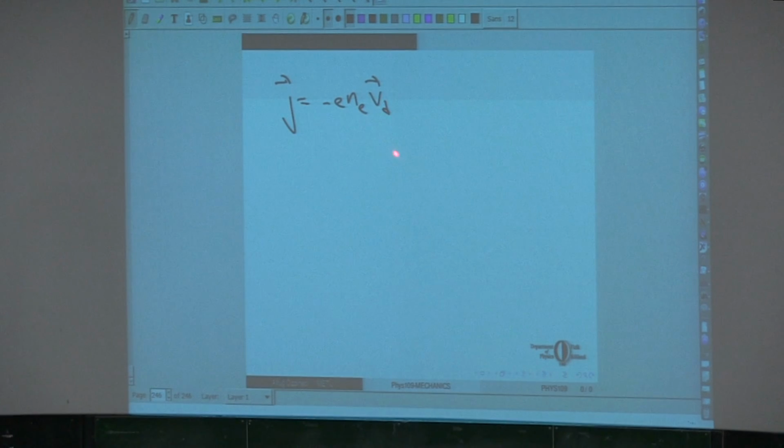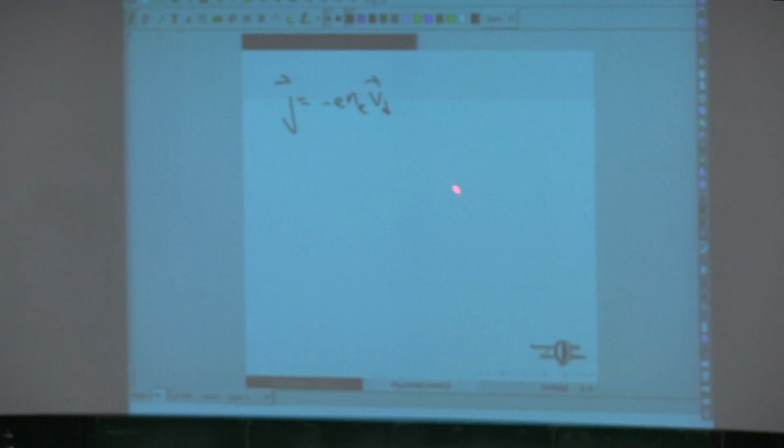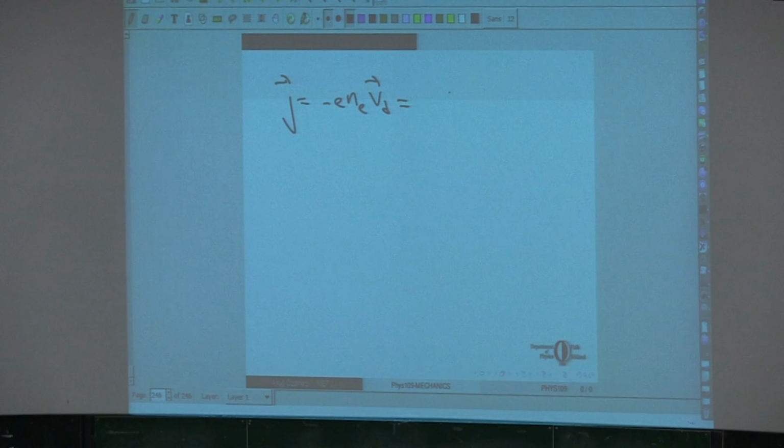And we also know that the drift velocity itself is proportional to the electric field. And so this whole thing is proportional to the electric field. The proportionality constant is what we call the conductivity.